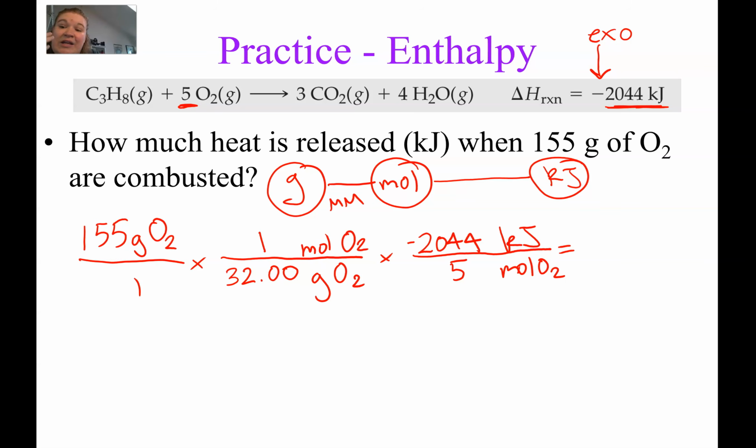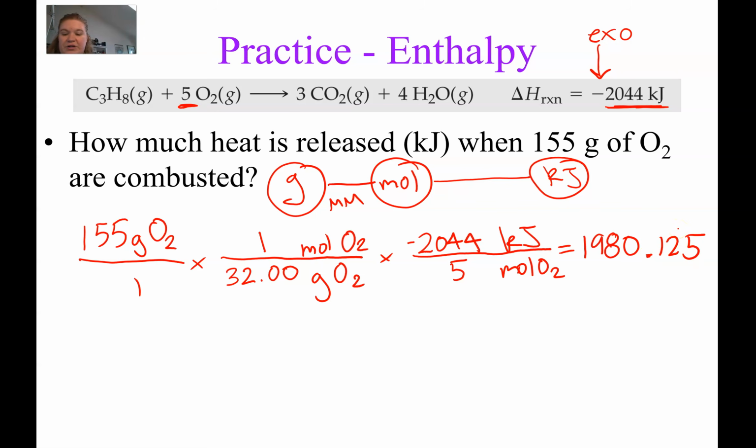So when I say that they are released, that's why we get that negative number there. So I'm going to put this in my calculator. 155 times negative 2,044 divided by 32 times 5. 1980.125.